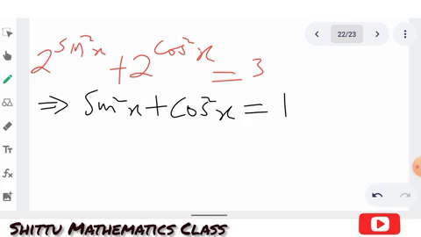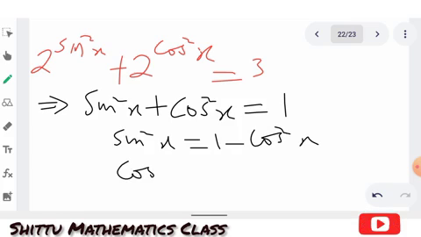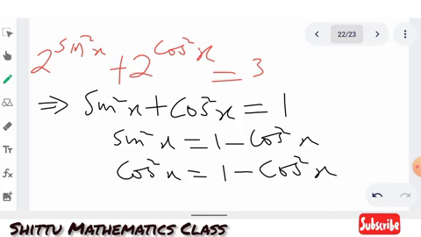So this is what we are going to use. If you want to make sine square x the subject, we have 1 minus cos square x. Or if you want to make cos square x the subject, we have 1 minus sine square x. Either of the two you want to use, you are good to go.